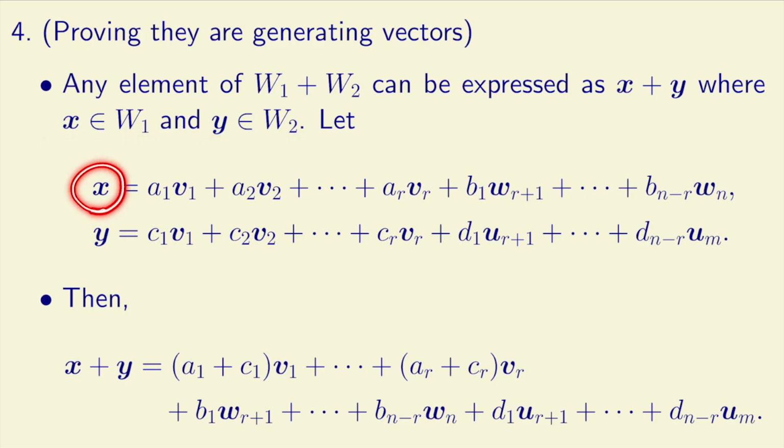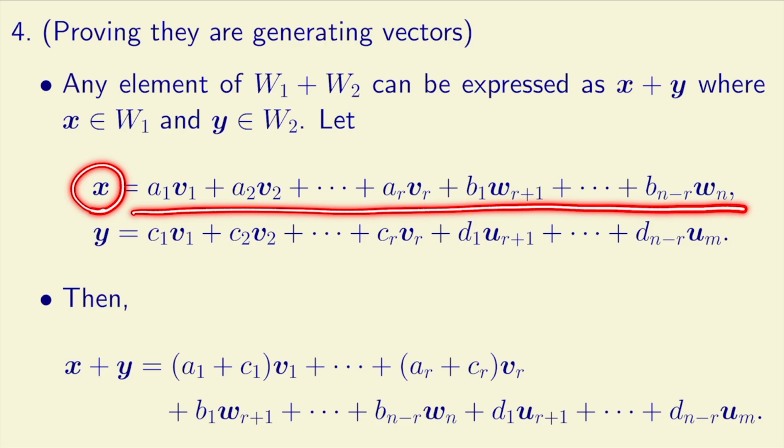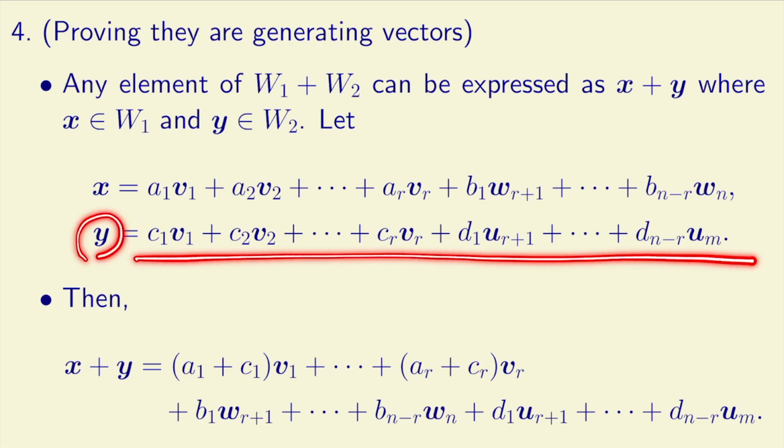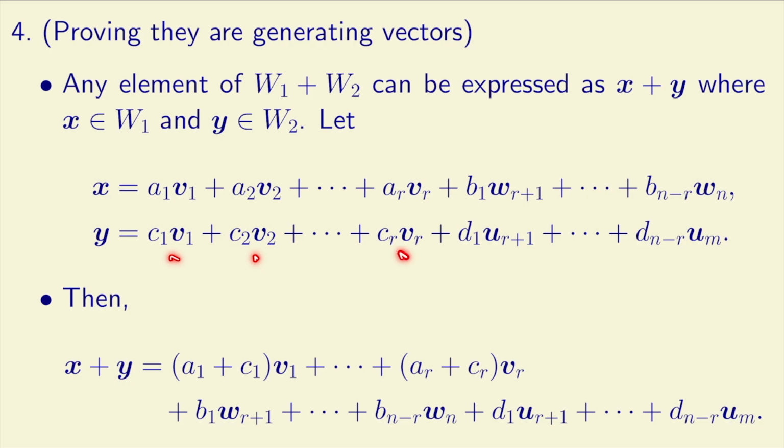So x can be expressed as a linear combination of these vectors because v1, v2, and so on, and wr plus 1, and so on, up to wn, they form a basis of W1. And similarly, y can be expressed as a linear combination of these vectors because they form a basis of W2.